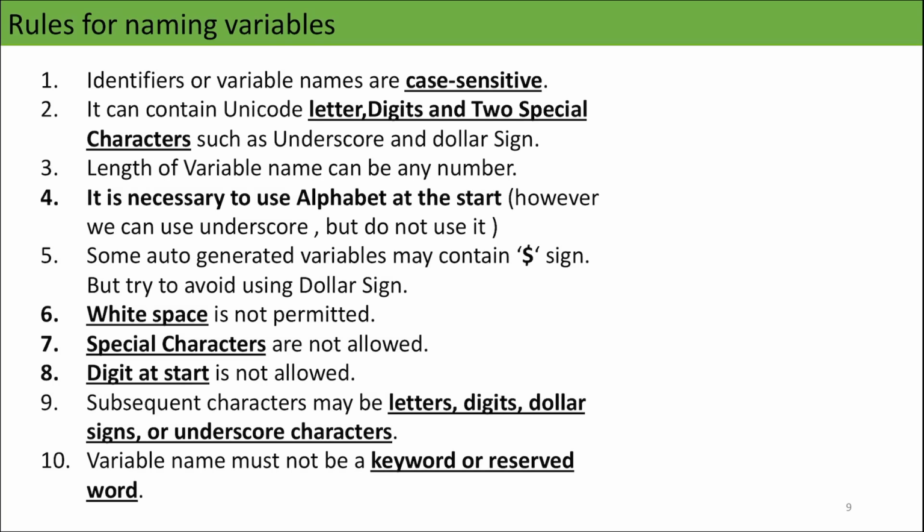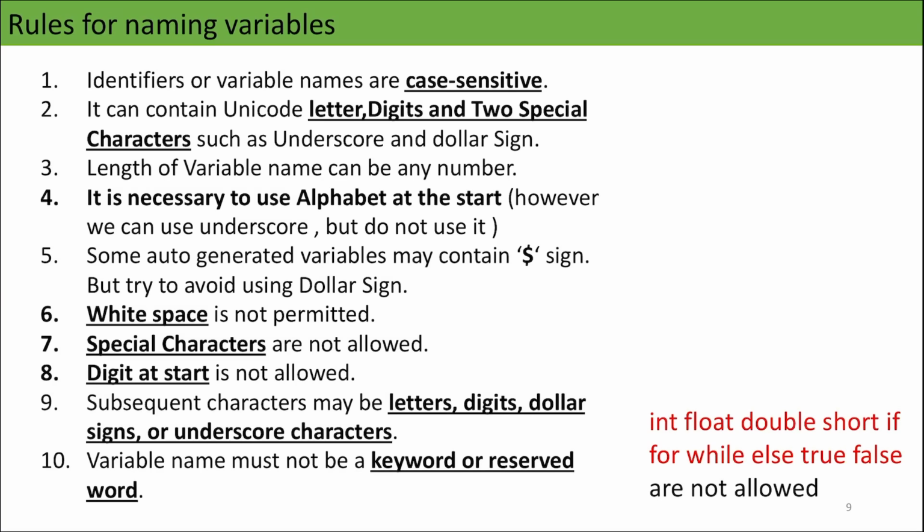Variable name must not be a keyword or reserved word. Keywords, and there are many keywords in programming. These words mean something to the language, so you cannot use them for your variable name. For example, int is a data type. Float, double, short, they cannot be used. Long, all those things cannot be used. If cannot be used because it's part of the language.